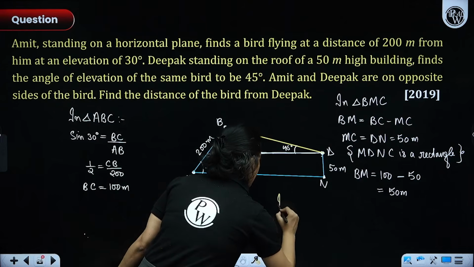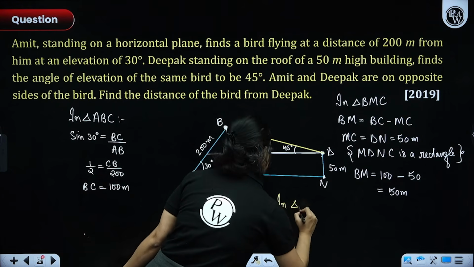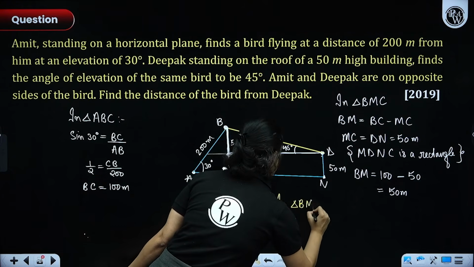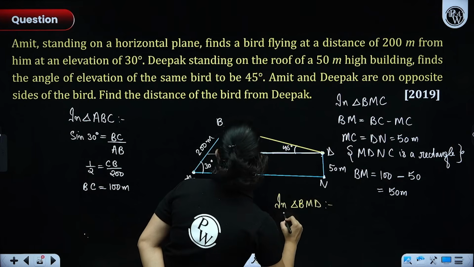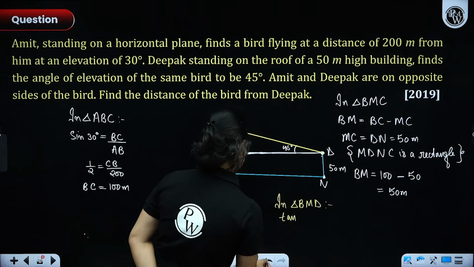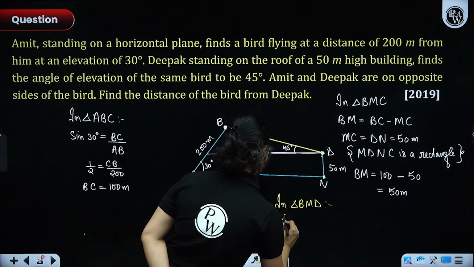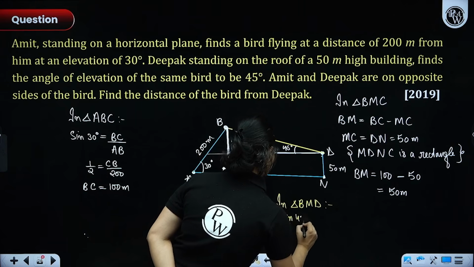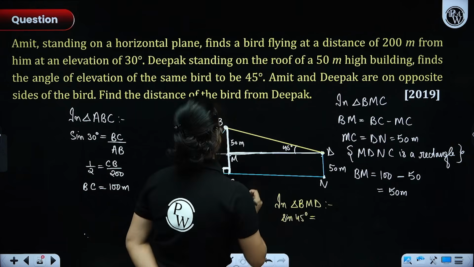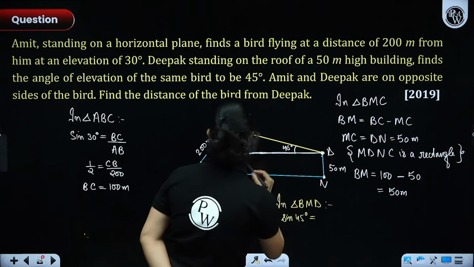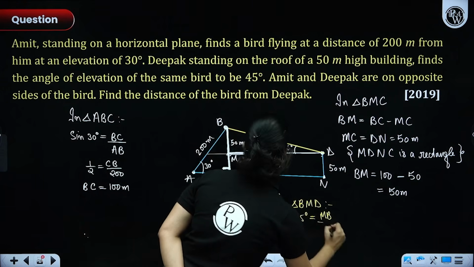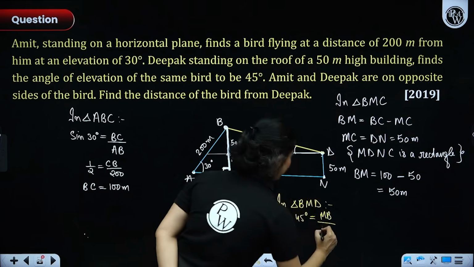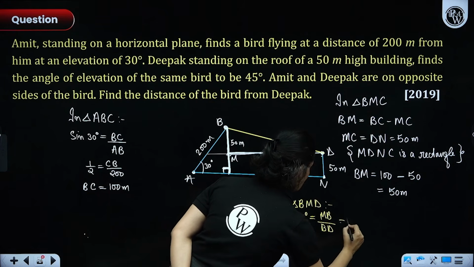So let's do this. In triangle BMD, I'll have tan 45, not tan, sine. We'll use sine, everyone. My fault. Sine 45 degrees is equals to MB over BD. Sorry, BD. My fault, everyone. So this will be what?